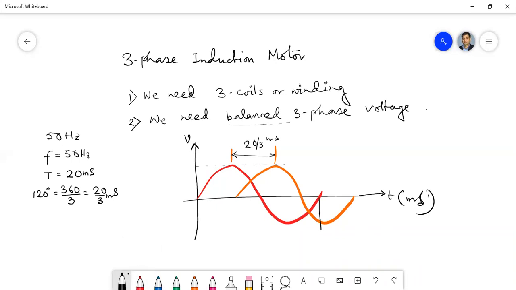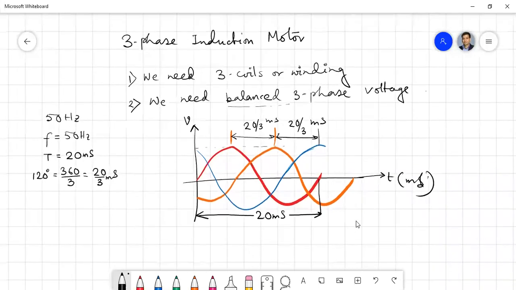Another phase will be like this. So between consecutive phases we have 20 by 3 millisecond time difference.